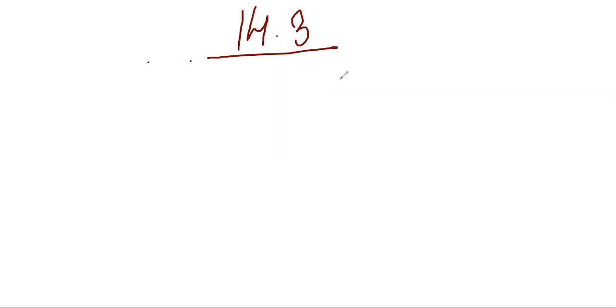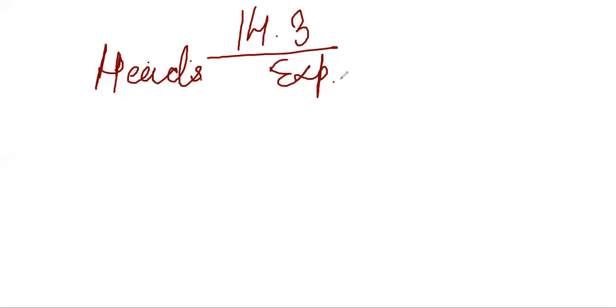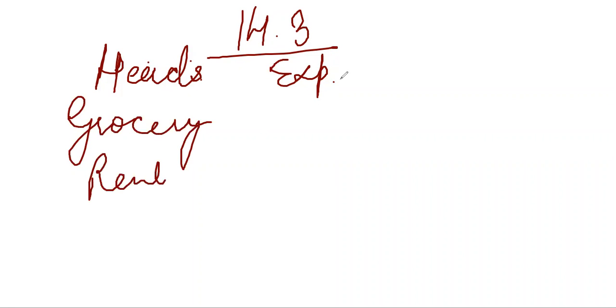So obviously if you are given particular things on x, like here for example we have been given head and expenditure. So there are some items: grocery, rent, education, fuel.